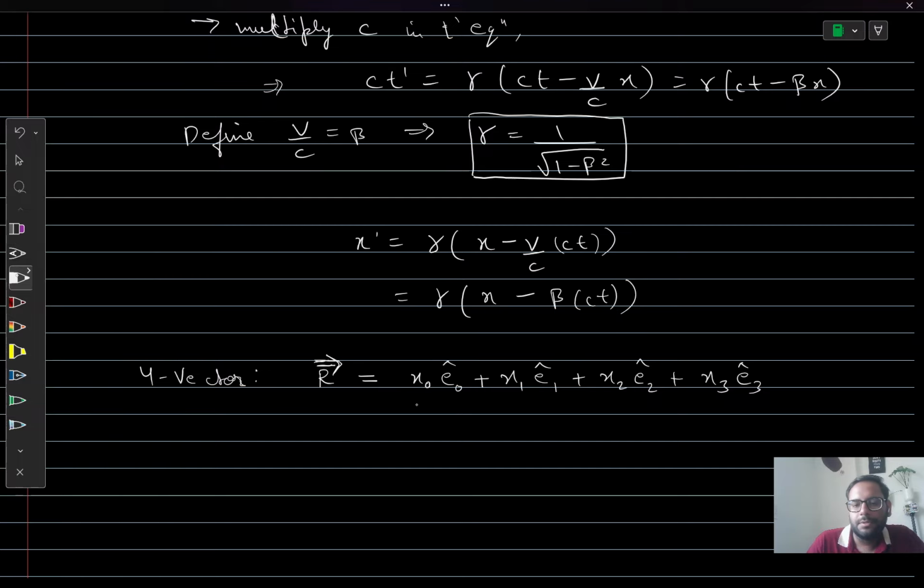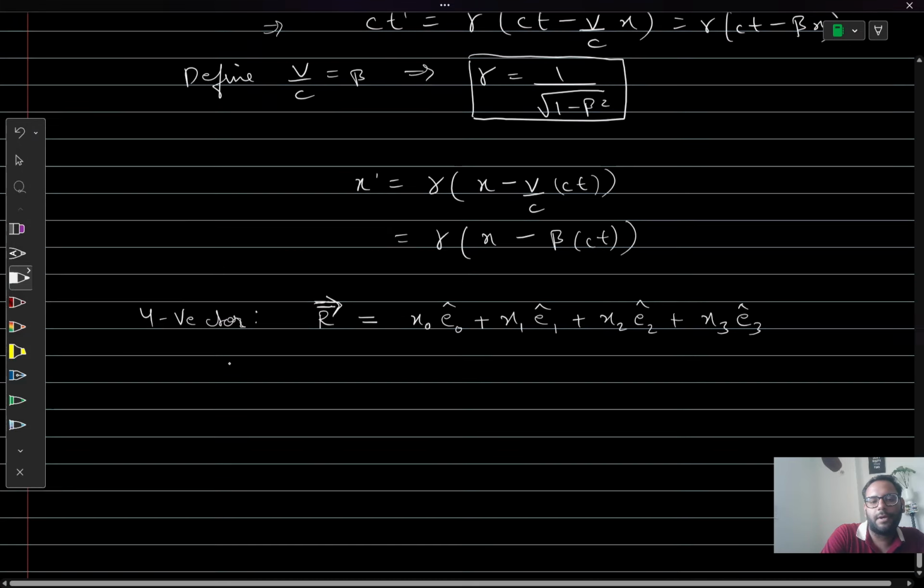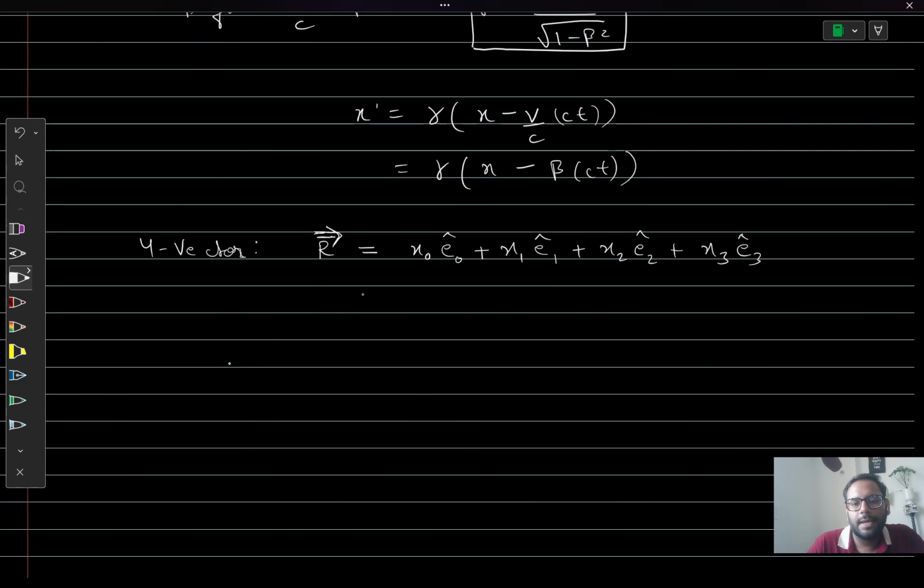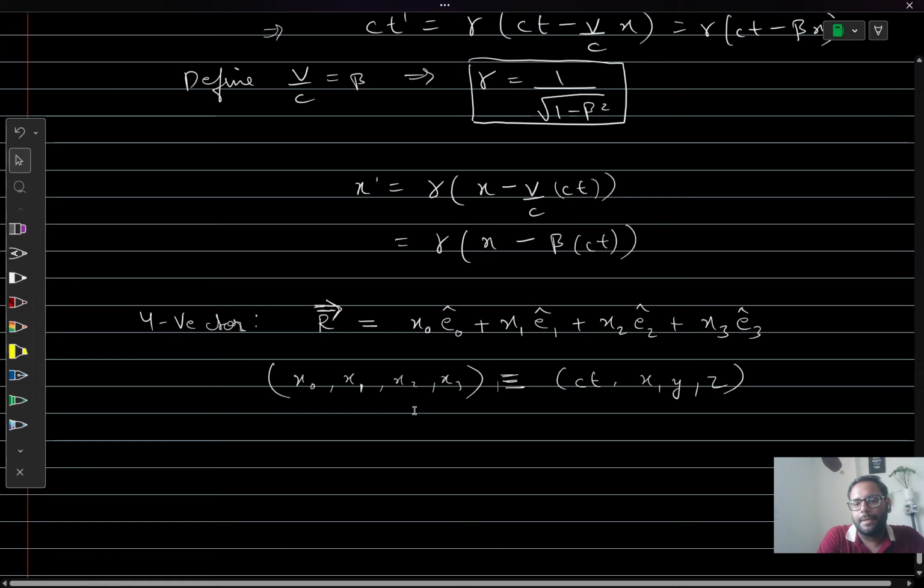So this is how I define my 4-vector, and the components 1, 2, and 3 can be given by ct, x, y, z, where my time coordinate is actually ct.